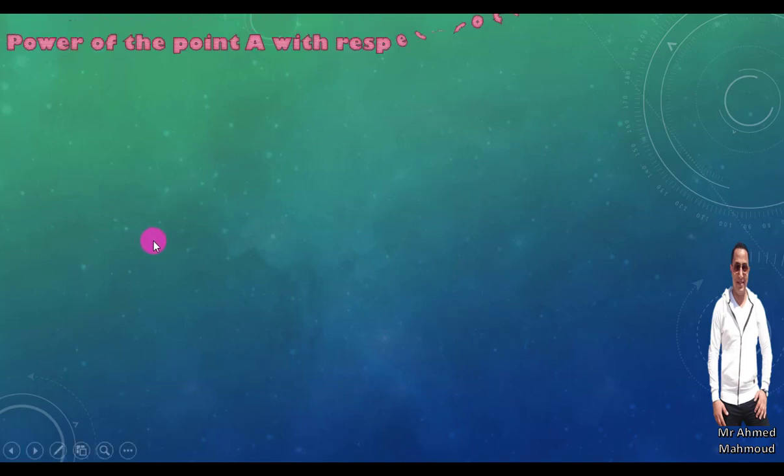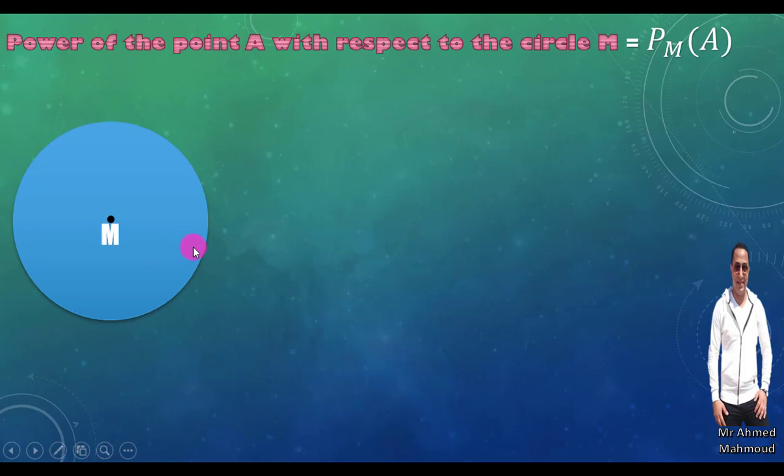Now we are going to study a concept called power of the point A with respect to the circle M, which is denoted by PM(A), or power of A with respect to the circle M. This relation controls the position of the point A with respect to the circle M. For example, if we have a circle M and a point A like this, and we connect A and M, then the distance AM is the distance between the point and the center of the circle like this.